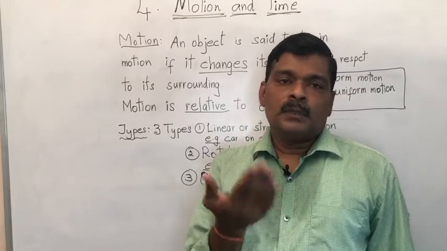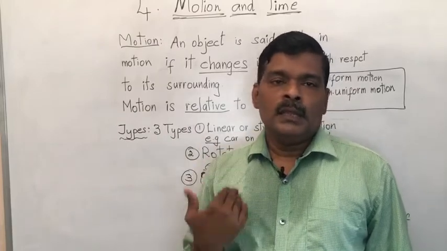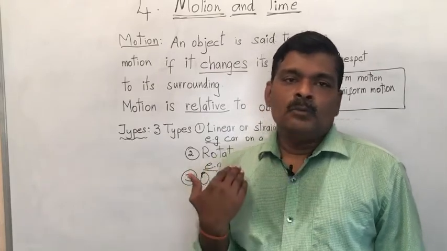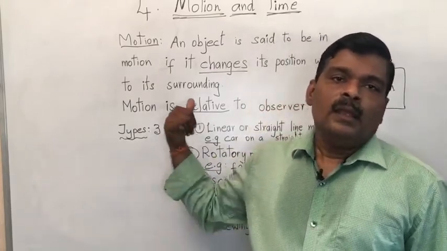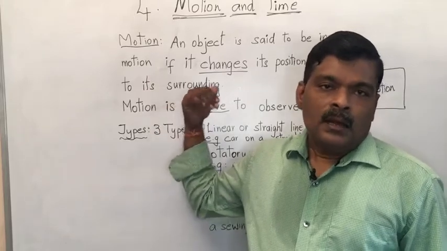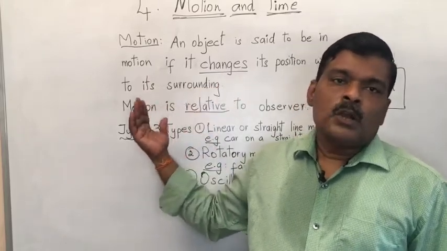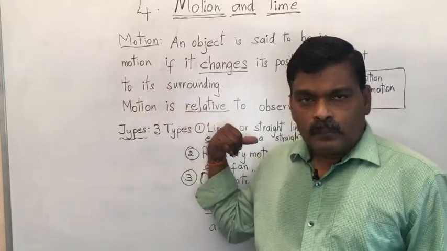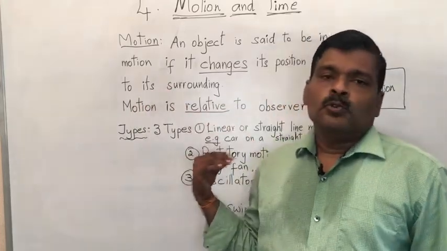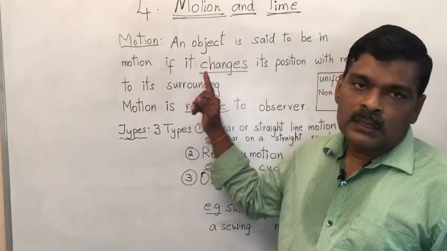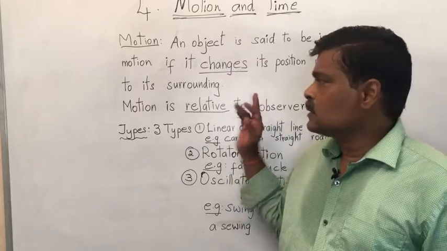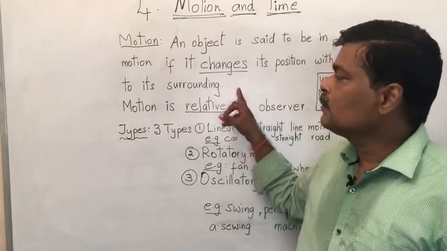In the second diagram, the car's position is after that building. So like that the car moved and the surrounding is measured. Only with respect to the surrounding can we tell that the object is moved. Like that we can refer to motion with respect to some fixed points.